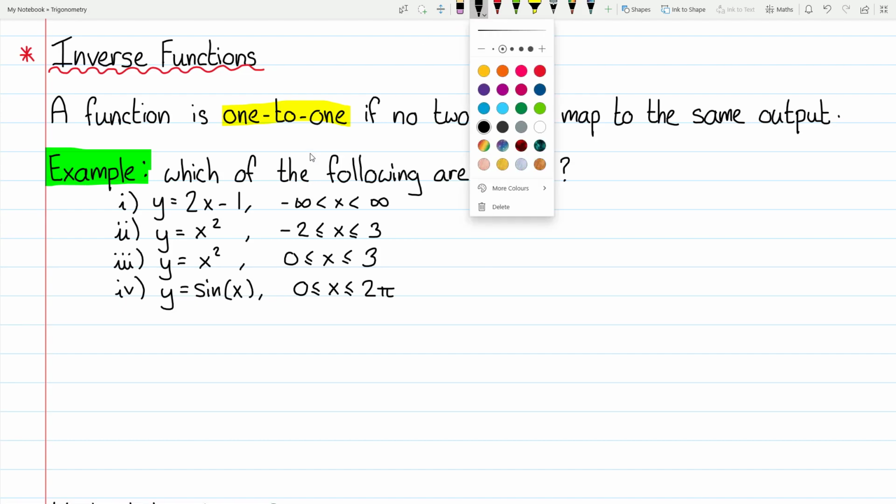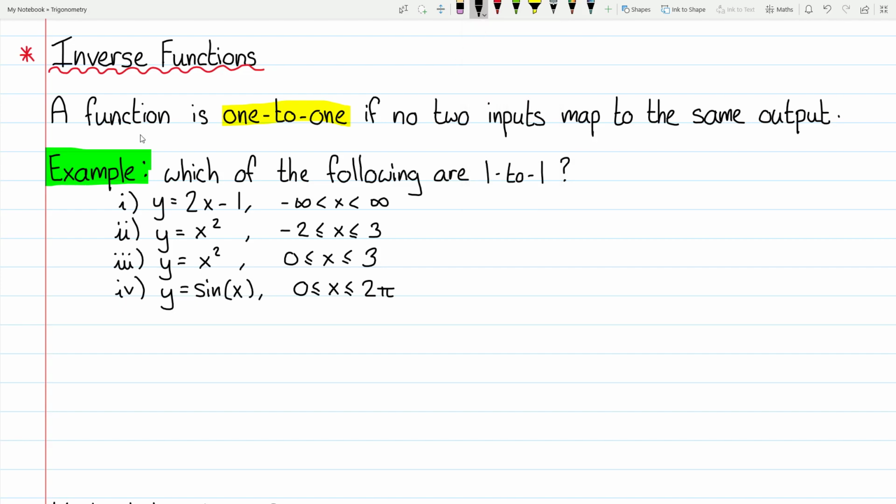So we'll need a test to see whether a function is invertible. Here I'll define this terminology. A function is called one-to-one if no two inputs map to the same output. Remember back when we had our little function machine, and I said that you couldn't input one value and have it map to multiple values.